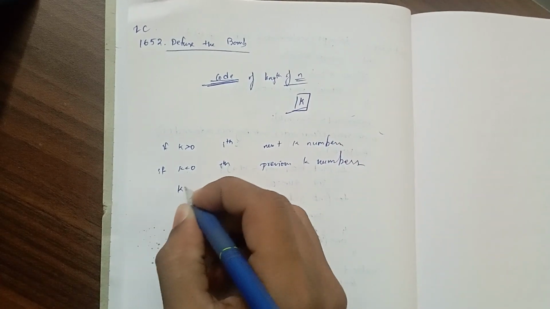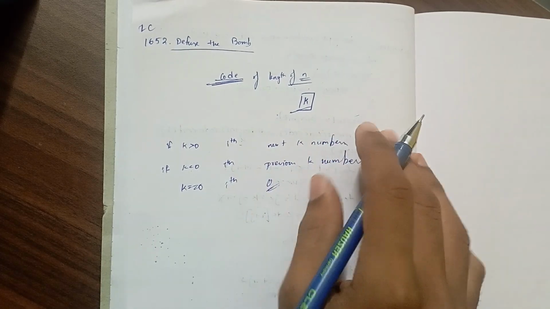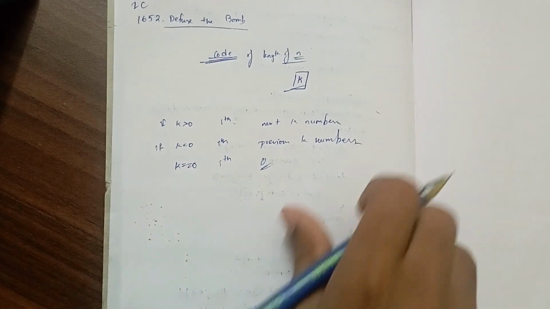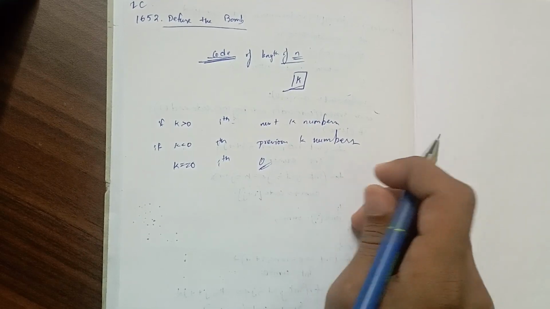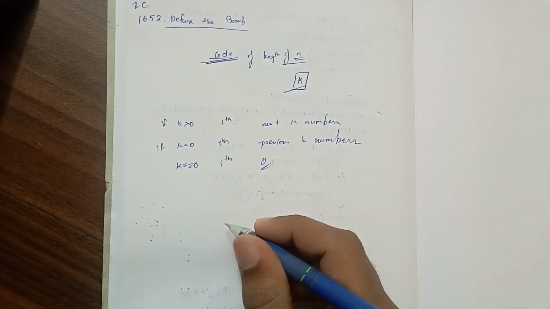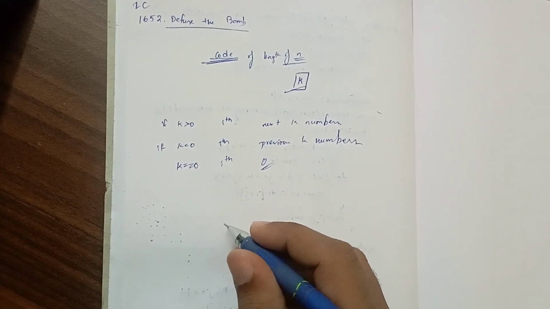And if k is equal to 0, replace the ith number with 0. And as code is circular, the next element of code of n-1 is code of 0, and the previous element of code of 0 is code of n-1.